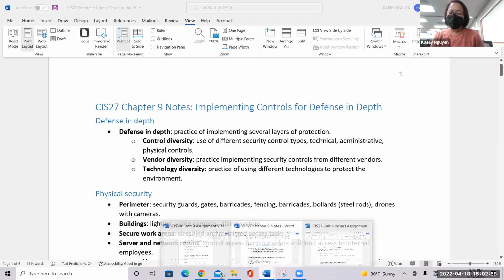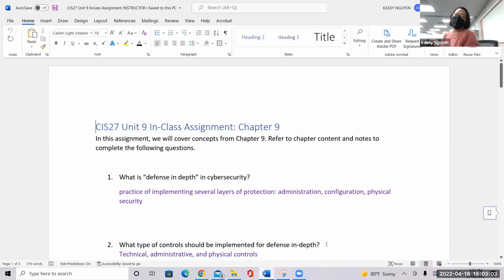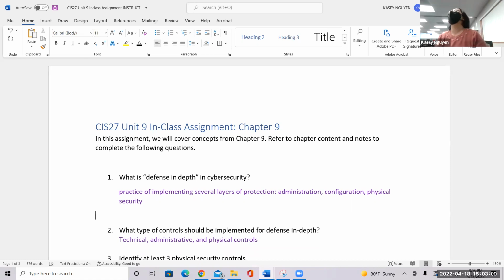So in the first question, we can say that our defense in depth in cybersecurity really means that we are going to implement layers of protection. And our layers should always include administration, configuration, and physical. And that also addressed number 2.